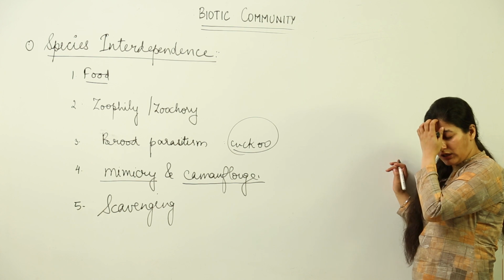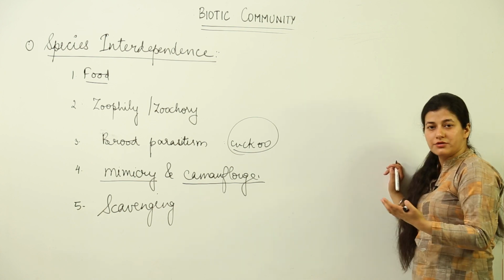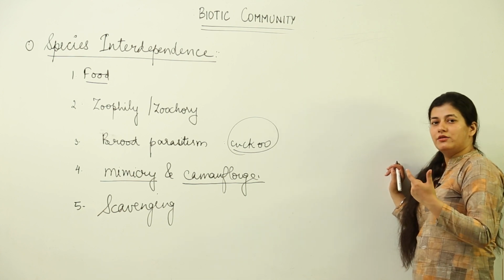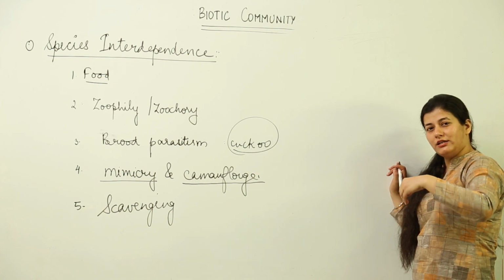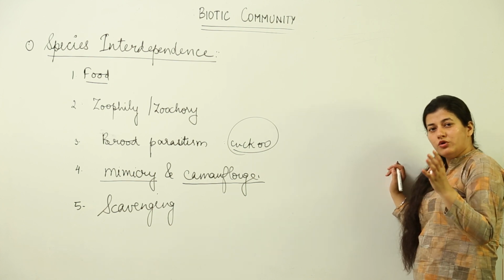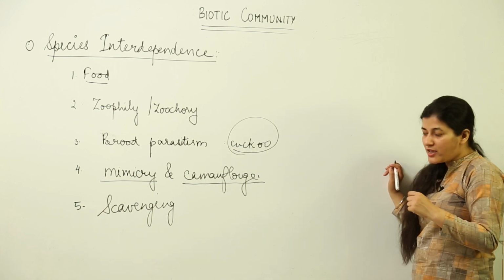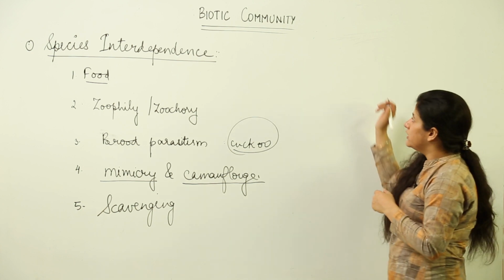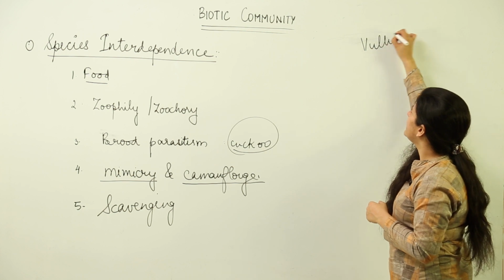If you are fond of watching animal documentaries on television, you must have seen that a lion or tiger attacks a particular organism and then leaves it. A group of hyenas is following, and they come and eat whatever is remaining. That particular interdependence is scavenging. Also, in the case of scavenging, we have the example of vultures. They feed upon dead animals.